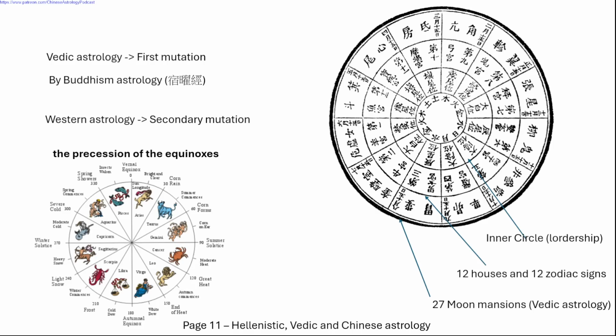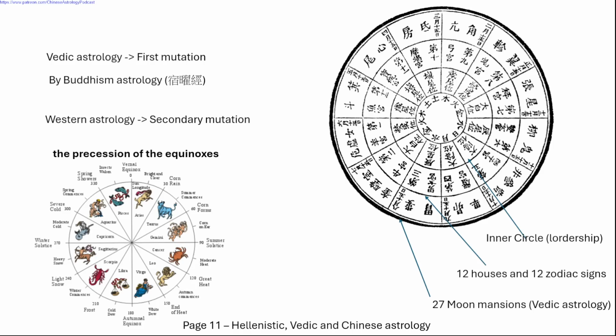The book is named From Western Astrology to Chinese Astrology, but actually Vedic astrology was the first system transferred to ancient China through Buddhism, and Hellenistic astrology was merged with Vedic astrology at a more ancient time. Thus, many concepts shared by Western astrology and Vedic astrology were transferred to the Chinese astrology system.